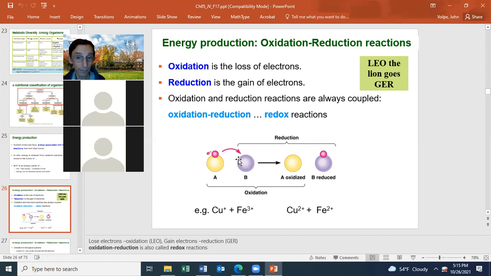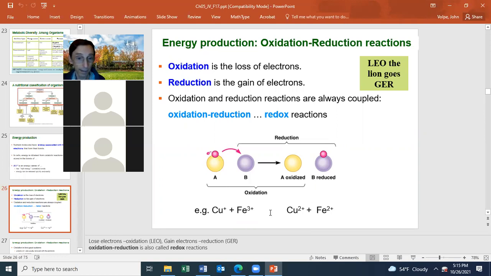B gains the electron, and it becomes reduced. Specifically, copper +1 can get together with iron +3, and the copper can lose an electron and become copper +2, and the iron +3 gains an electron and becomes iron +2.